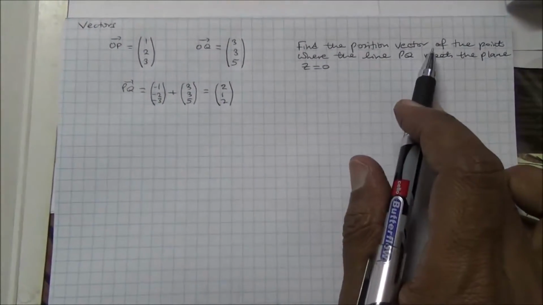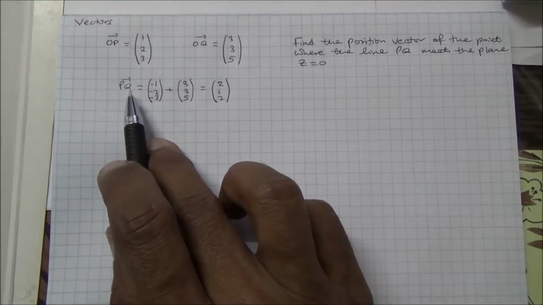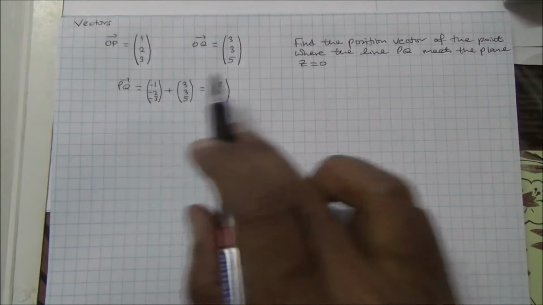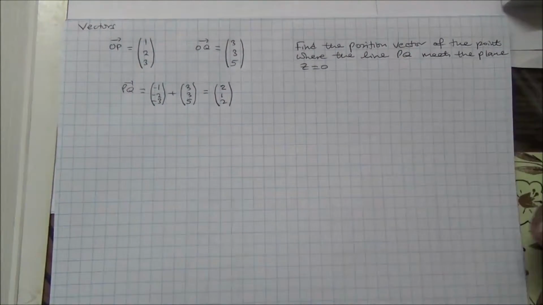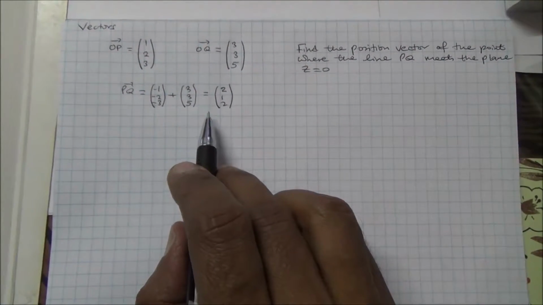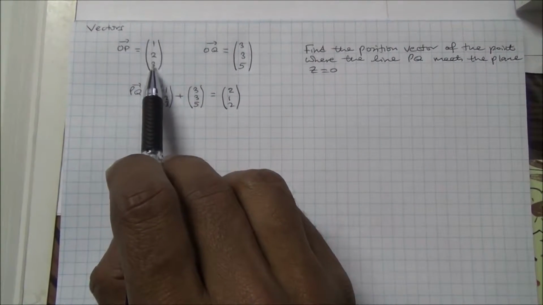We need to find the position vector of the point where the line PQ meets the plane z equals 0. What is the vector equation of the line PQ? Now remember we have a coordinate here, (1, 2, 3).